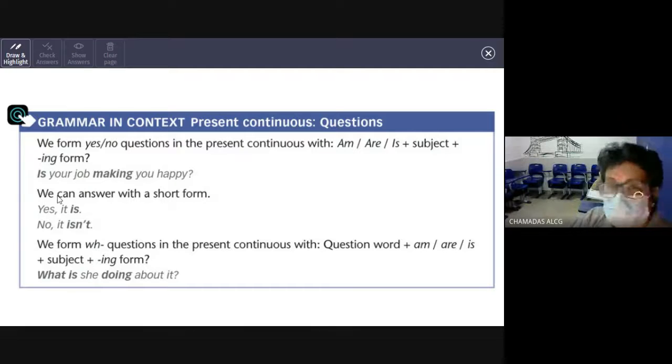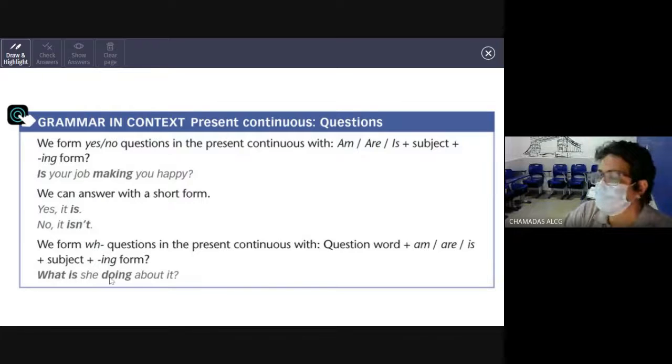Good question. Now, we can answer with a short form. Yes, it is. Or no, it isn't. Okay? Now, we form WH questions in the present continuous with a question word plus verb to be plus subject plus a verb in the ing form.